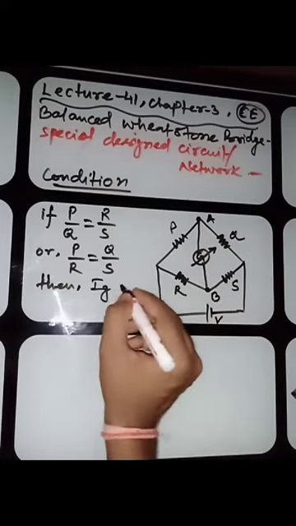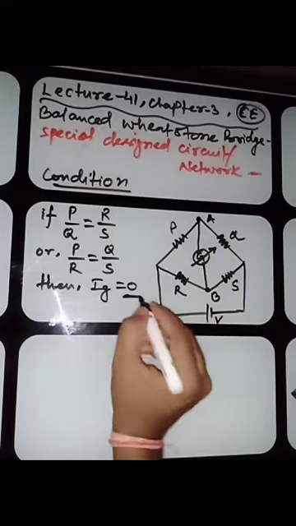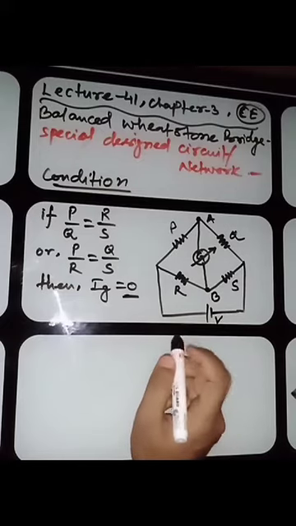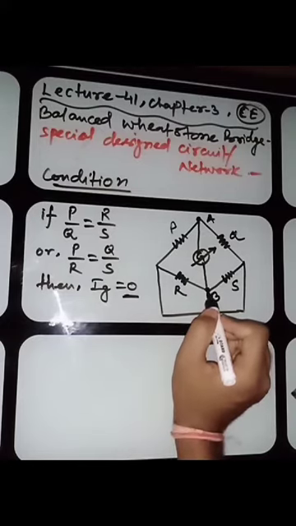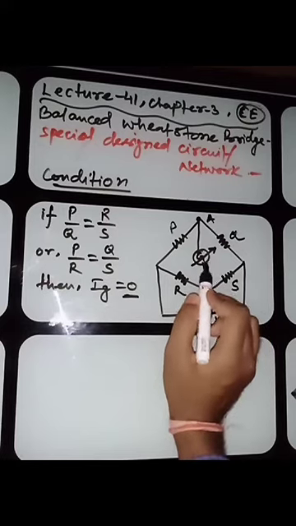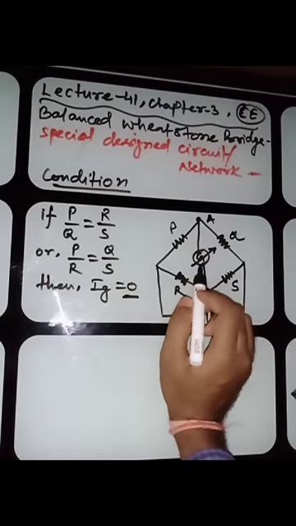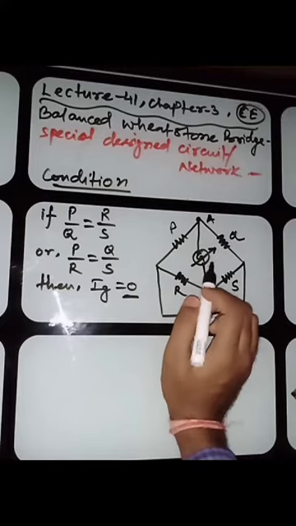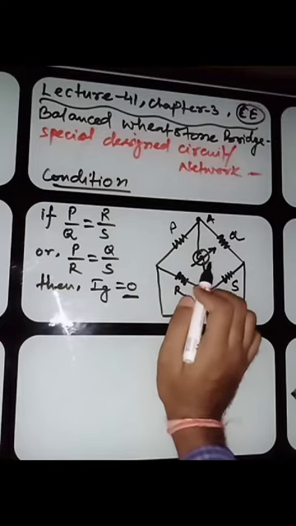Then IZ will be 0. Very, very interesting. That is, the galvanometer will not show any deflection, and this galvanometer is said to be in a null deflection state.